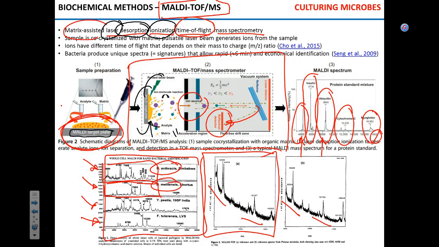In 2 hours, your machine will not only produce a graph like that, it will compare the graph to the database of the known bacterial species and will tell you what is most likely you're looking at. Does that make sense? So the whole analysis from loading the culture to getting the answer takes about 2 hours.